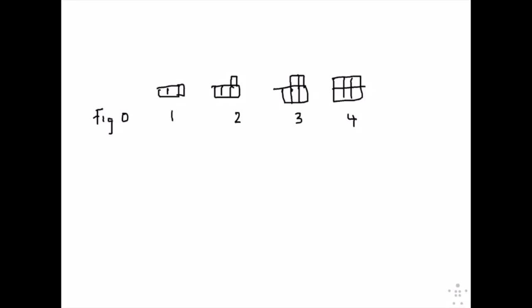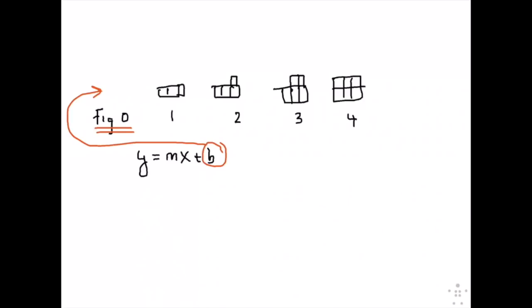When you're given a tile pattern and asked to find the equation, typically you're going to write the equation in the form y equals mx plus b. So let's remember what the m and the b are. The b is the y-intercept, which is how many tiles are in figure 0.